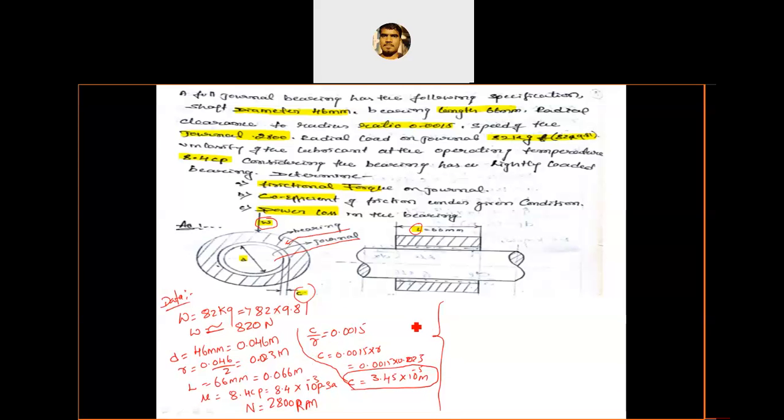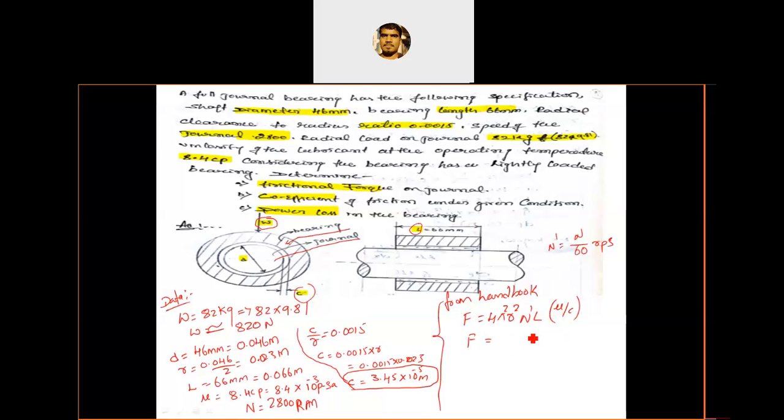First, the frictional force. We know the frictional force equation from the data handbook: F is equal to 4 pi square R square n dash L mu by C. Here n dash is equal to n by 60, in RPS. Mu, L and C are all given.